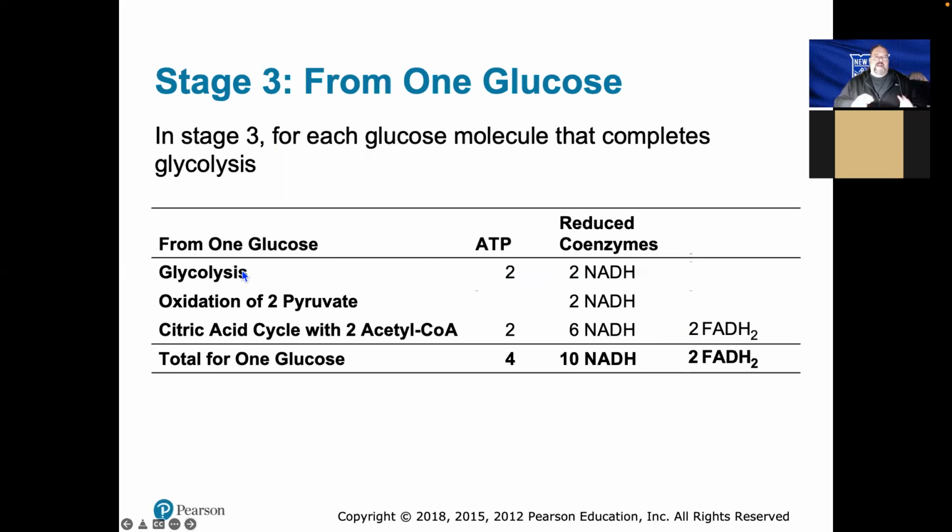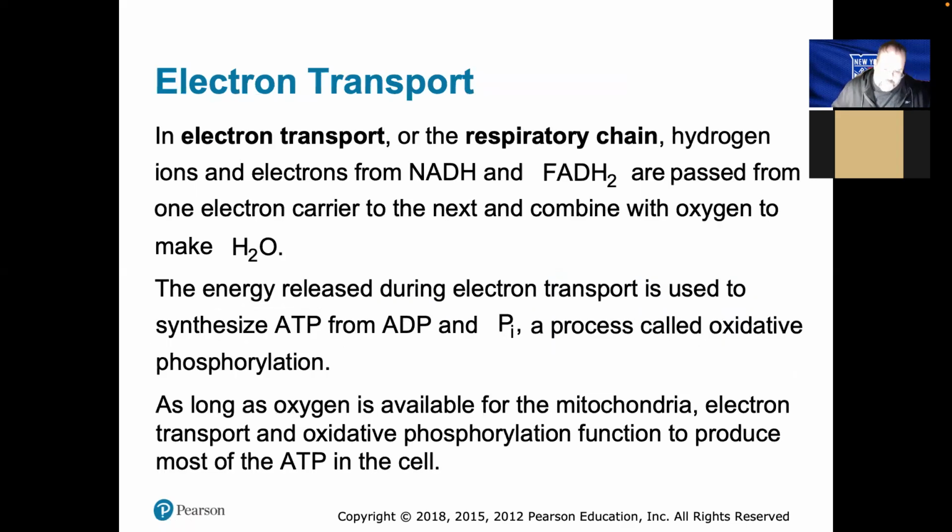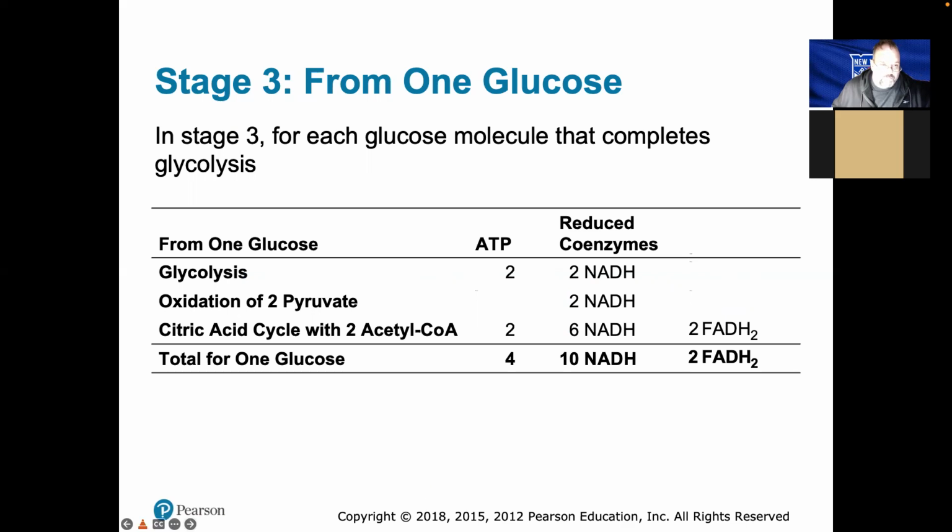So you go back to glycolysis. Glycolysis gives us 2 molecules of ATP, 2 molecules of NADH. Then the oxidation of 2 pyruvates gives us 2 molecules of NADH.